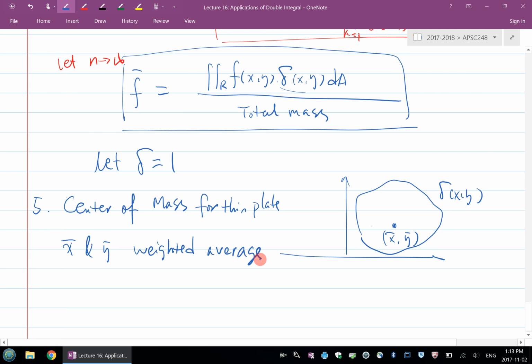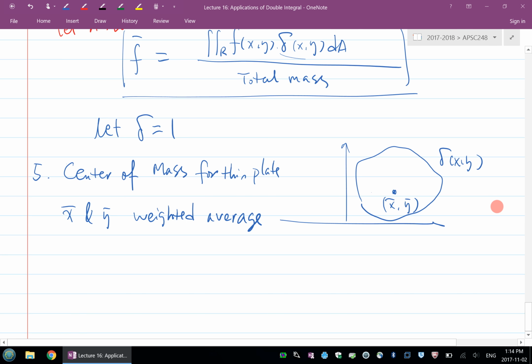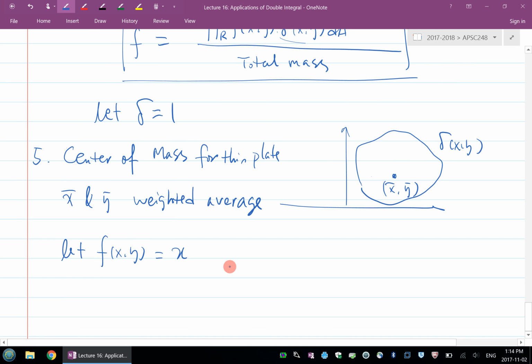Now I'm going to make use of the formula from number 4 to derive this x bar, y bar. I'm going to let the function f of x, y equal to x. And then I will plug this function f into the previous formula.